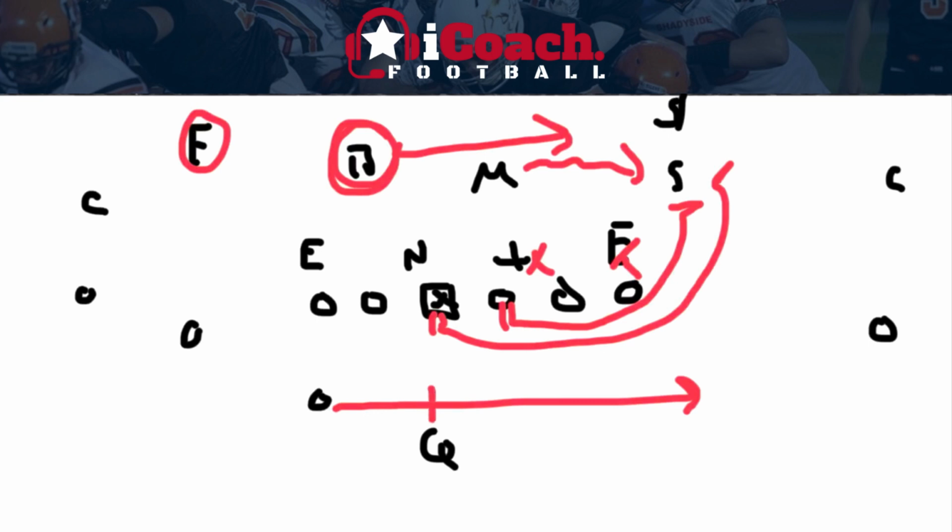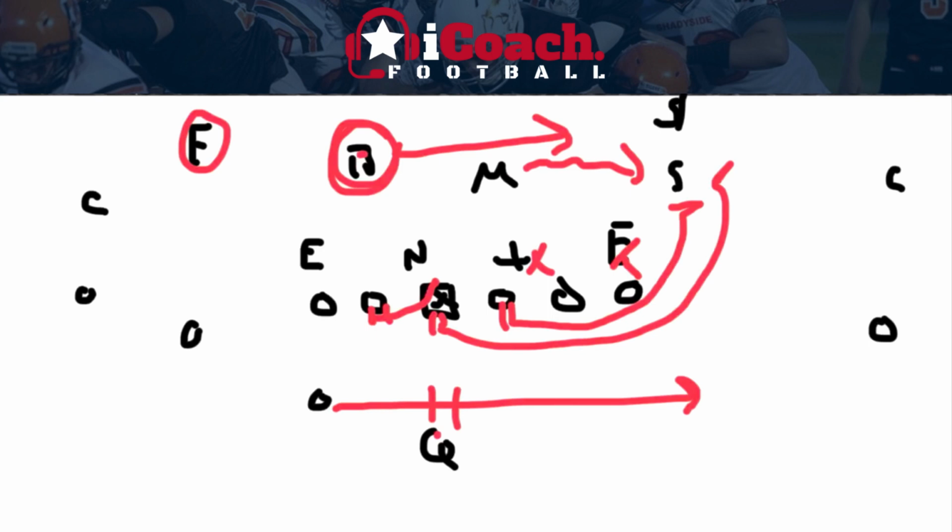So the quarterback's eyes are going to go straight to the buck backer here. And then what's happening on the rest of it, if you watch those, it looks like this guy's pulling too. But what he's really trying to do is capture the nose. Now, are most linemen capable of taking over that guy?